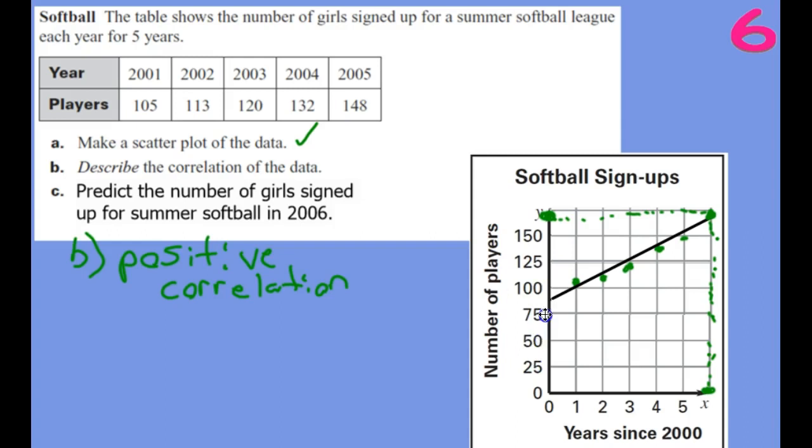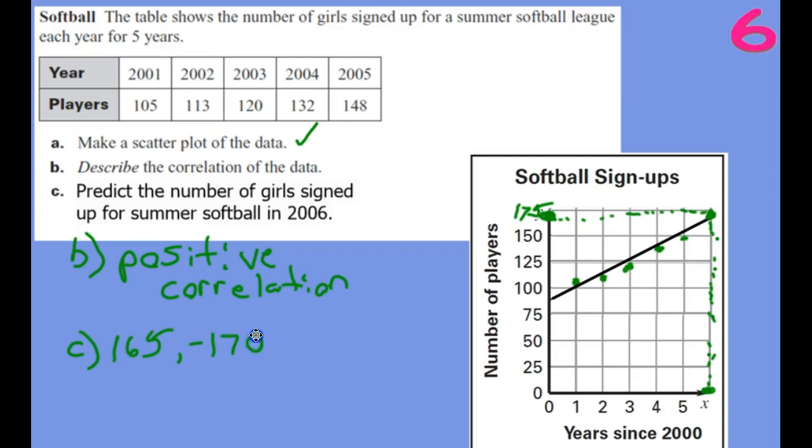Now it looks to me like these are going up by 25 each, so 25, 50, 75, 100, 125, 150. So what this would be 175. Now it's a little bit less than 175, so we could say that our number of girls signed up for summer softball in 2006 could be about, let's say, 165 to 170 or so.